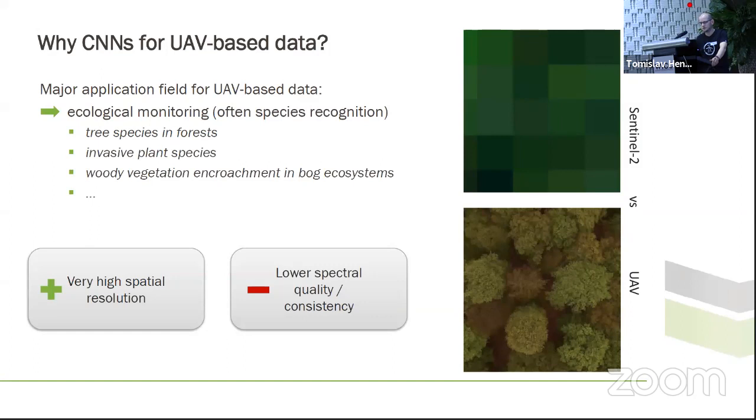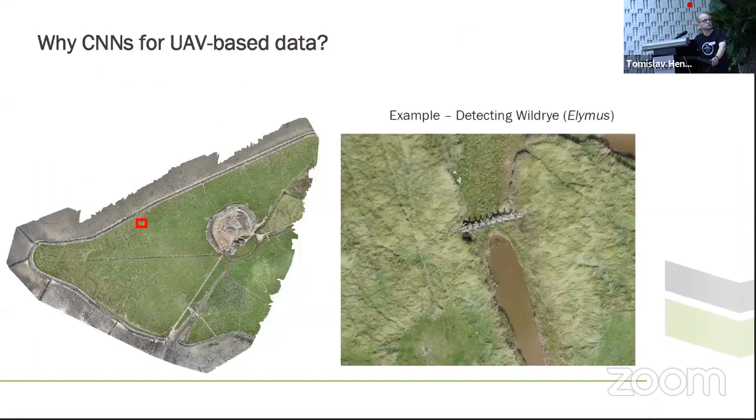I'm going to show this in an example. This is also the example that we will work on during the tutorial. So imagine we would try to detect patches of wildfire, which are these grass patches here. This is pretty easy to spot for us, mainly because we're looking at patterns of pixels.